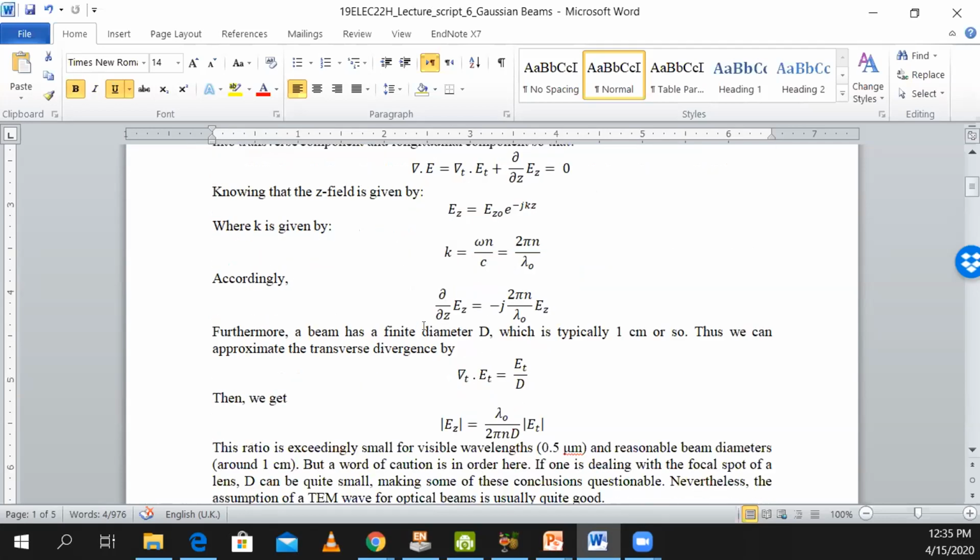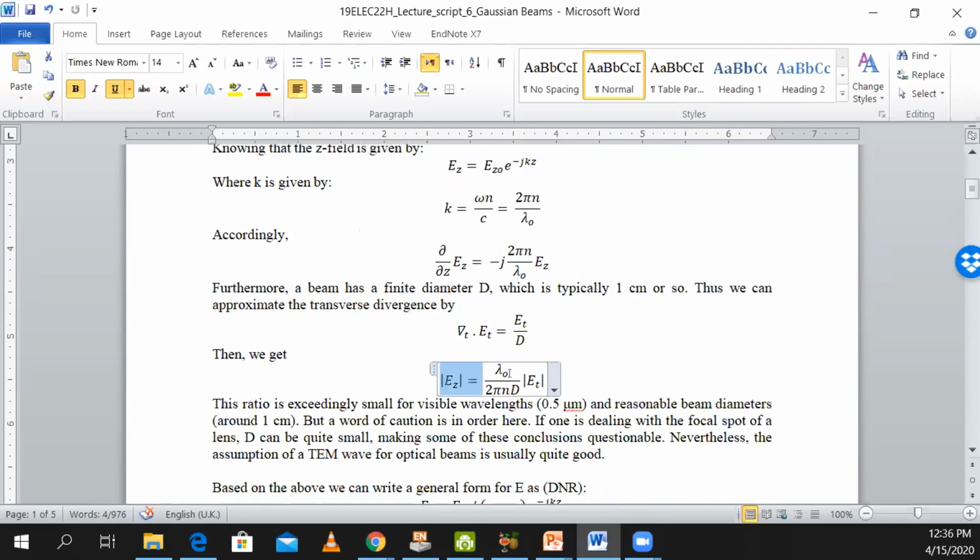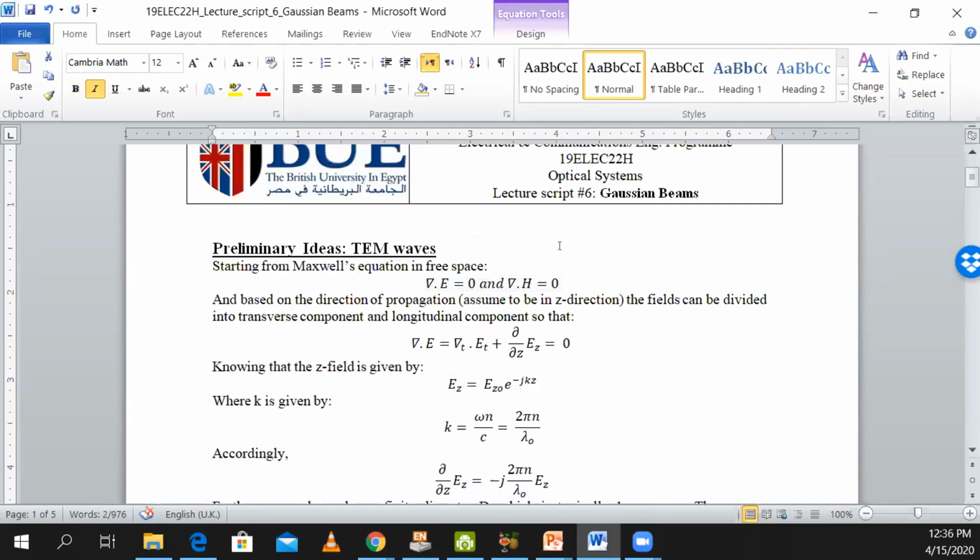So now, by proving that Ez is very, very small with respect to Et, and you can basically do the same using the equation div H equals 0 to prove that Hz is much, much smaller than Ht, then you can ignore the Ez and Hz components.